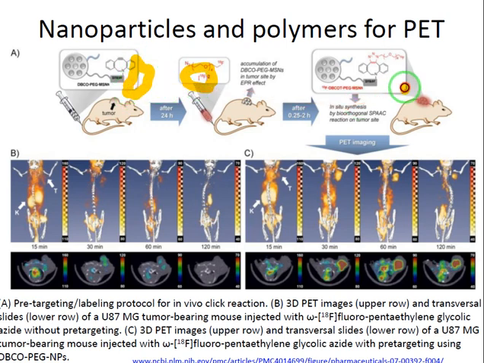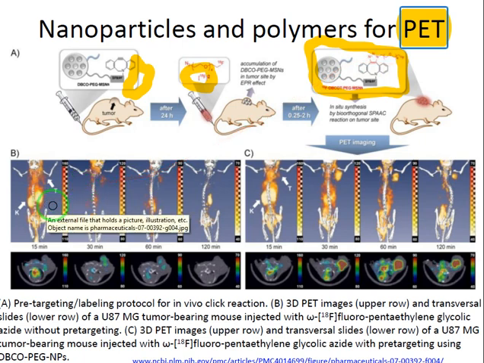And you see here, this will be the resultant nanoparticles, which are equipped with the positron emission tomography tracers. And here you can appreciate the pictures related to the images that we get.